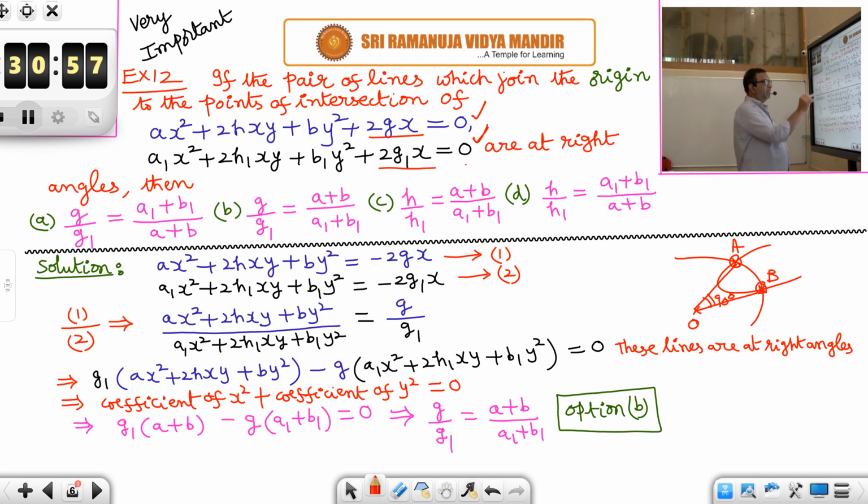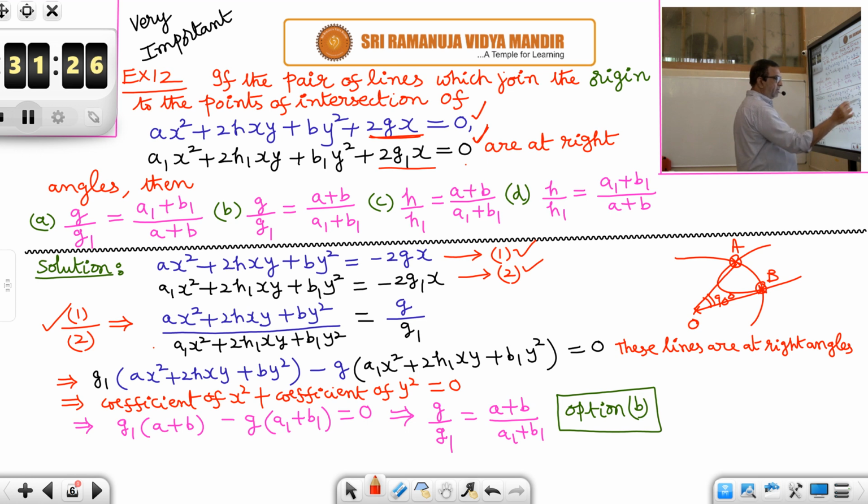See, in the solution, first equation is written like this. ax square plus 2hxy plus by square is equal to minus 2gx. Okay, I have taken the first degree term to the right side. In the second equation also I have done the same thing. I have taken 2g1x to the right side. Now divide 1 by 2. 1 by 2 implies left hand side okay, right hand side what happens?